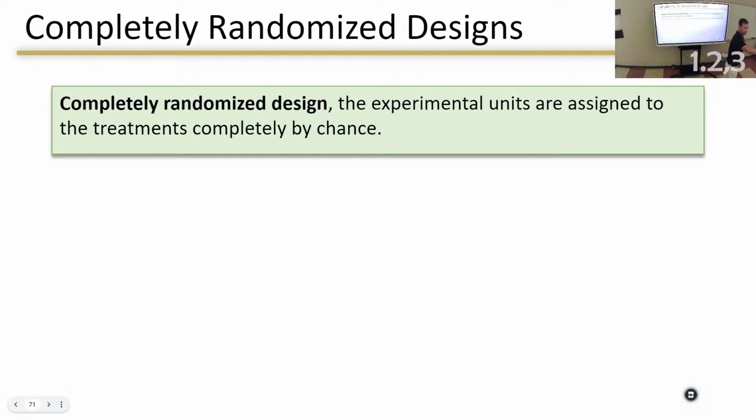As I keep pulling them out, that's completely randomized. Y'all kind of see how that sounds like SRS. But I'm not selecting you to do something. I'm giving you a treatment. I'm telling you where to sit so that I can test what your grade is at the end of the semester. Completely randomized design.